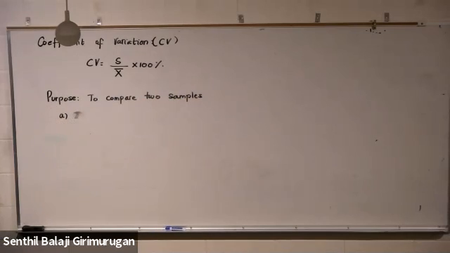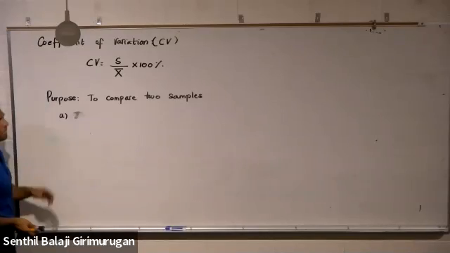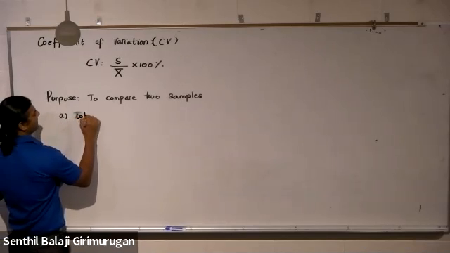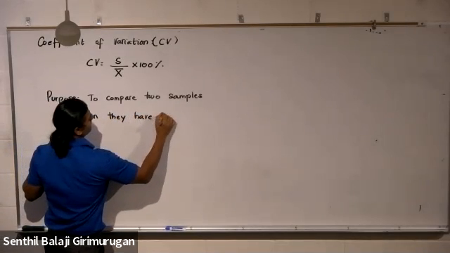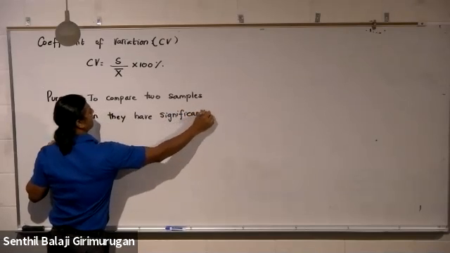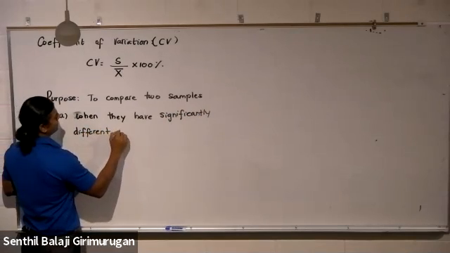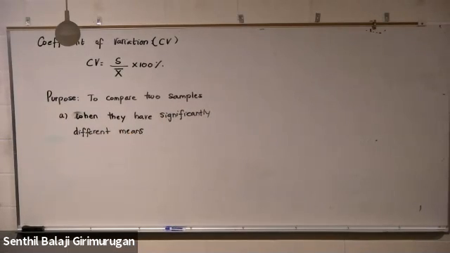But we can directly compare two samples using a histogram by finding the mean, standard deviation, and so forth. So we use the coefficient of variation to compare two samples when they have significantly different means.